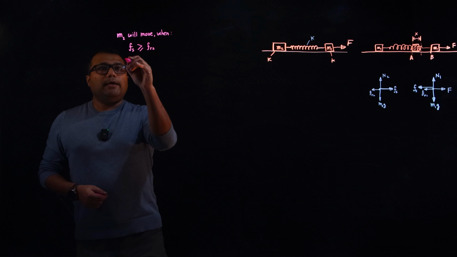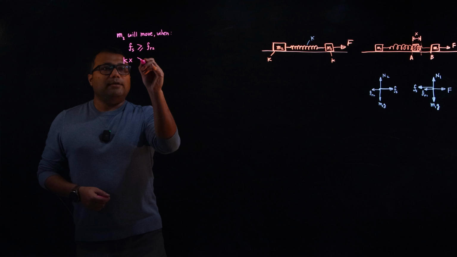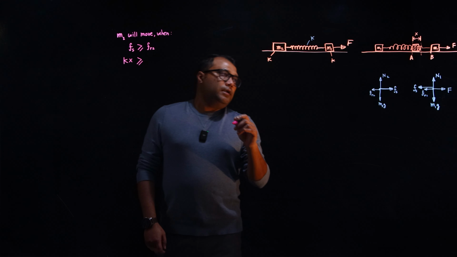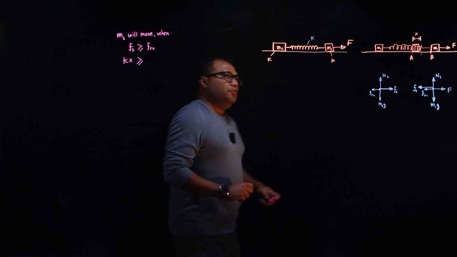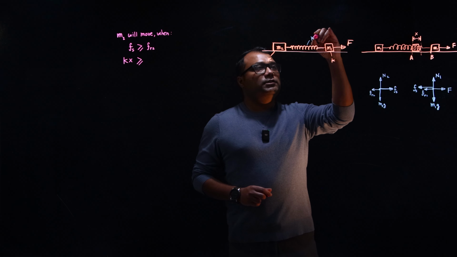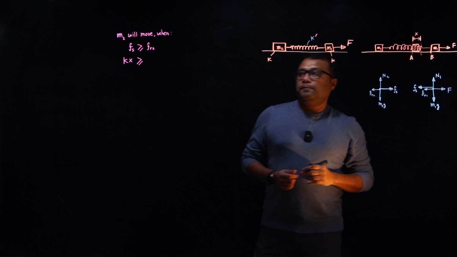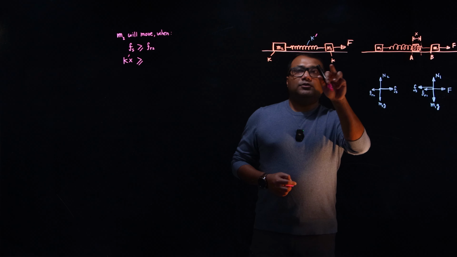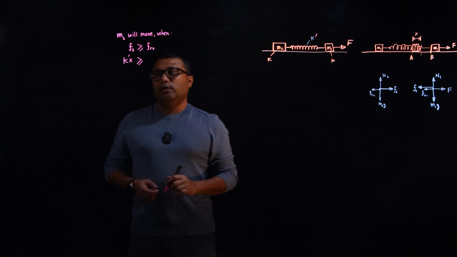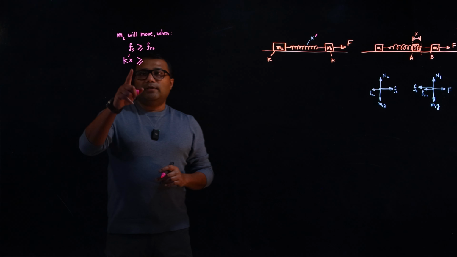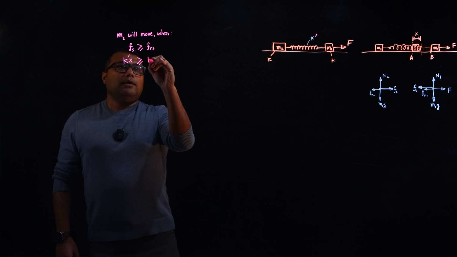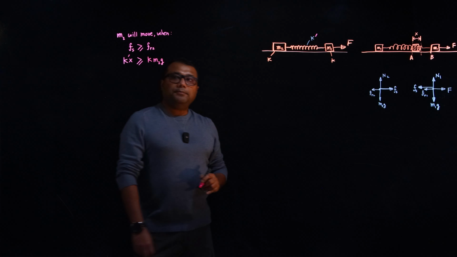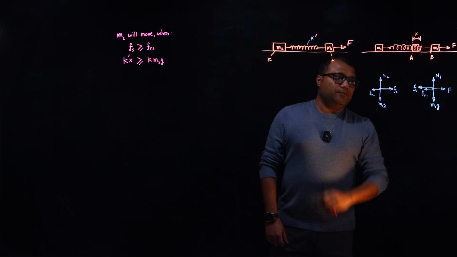Or we can write Kx is greater than or equal to the force of friction. Actually, the coefficient of friction is given as k, so let's assume the spring constant as k dashed. So k dash x is greater than or equal to k n2, which is k m2g. So that's when it moves.